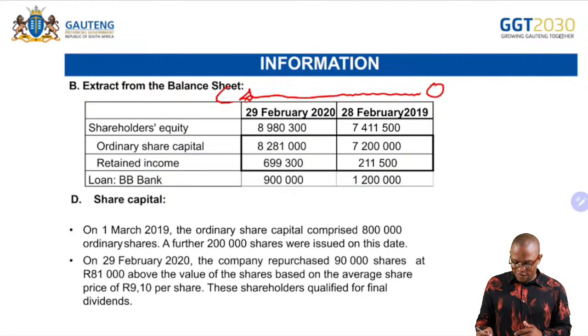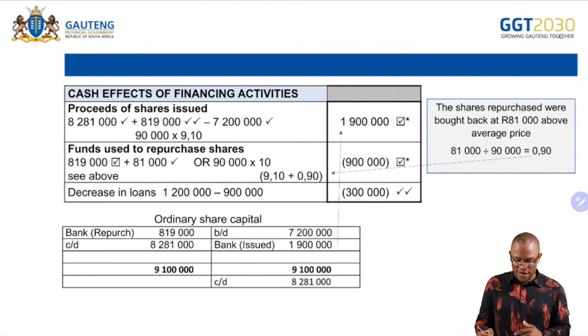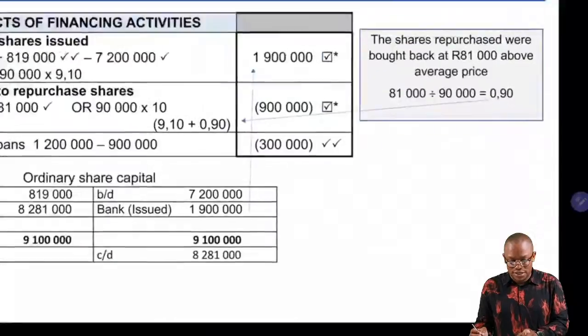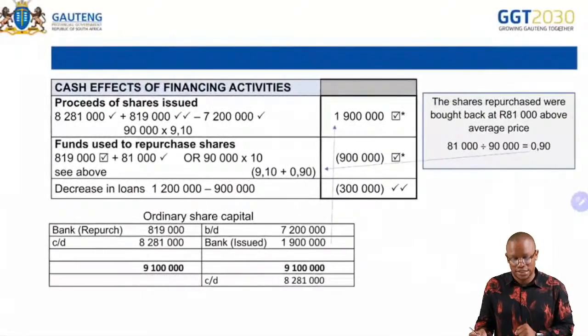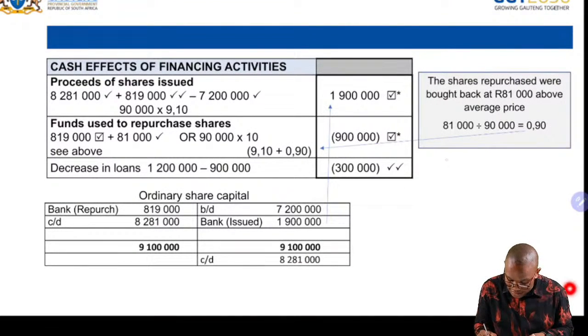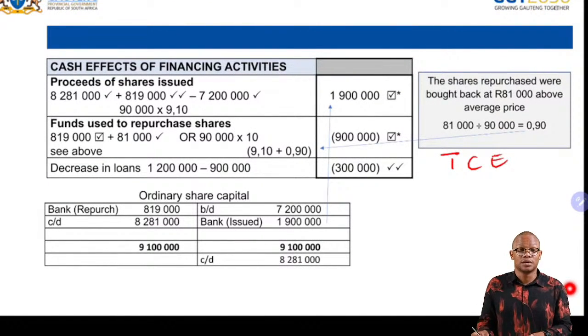Okay, just to emphasize the cash flow from financing activities. Remember, I spoke about the accounting slang. Cash flow from financing activities, you must know this: total capital employed. If you know total capital employed, believe me, Mense, you will never go wrong. Why am I saying that?